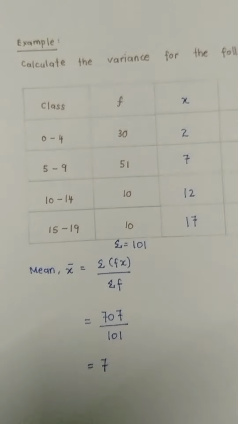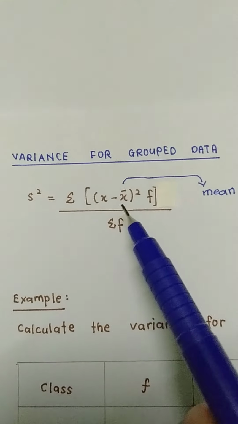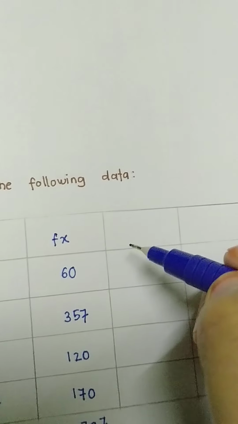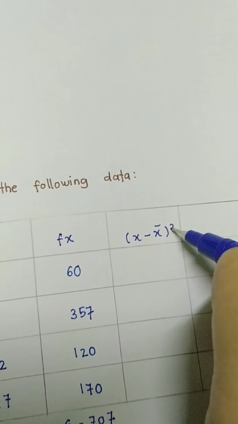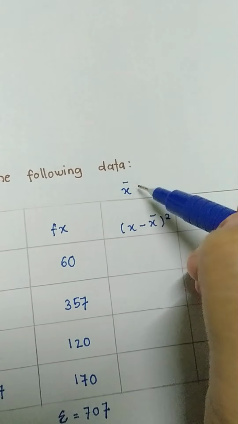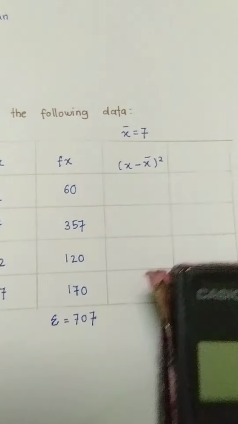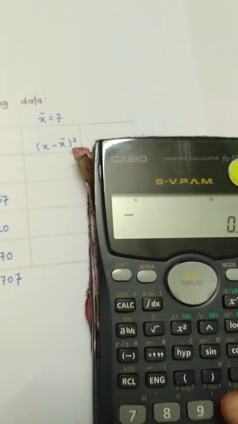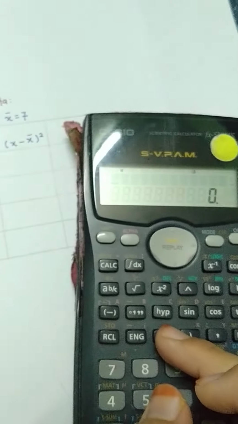And then next, from the formula, we must find (x minus x bar) square. x bar is 7. So just press the calculator, substitute the formula.